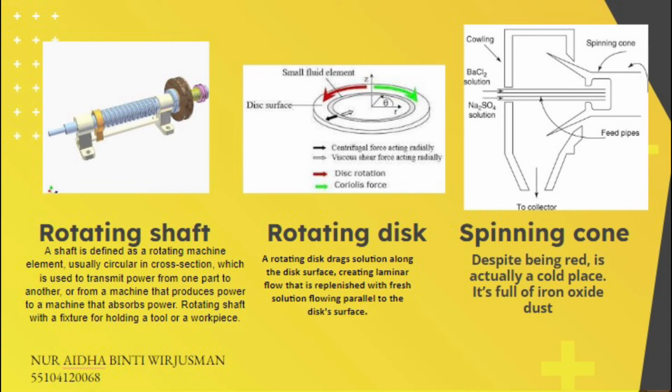For the rotating disc, a rotating disc drags solution along the disc surface, creating laminar flow that is replenished with fresh solution flowing parallel to the disc surface. The surface area of the disc is well known, and the equation describing the hydrodynamic condition can be solved exactly, as is the case for the rotating disc electrode commonly used for electrochemical measurement.